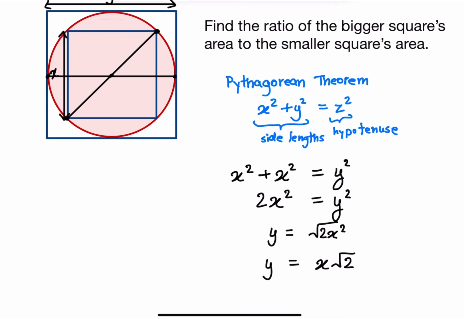Knowing this, we can state a couple of other things. Since y is equal to x root 2, we can find the area of the smaller square. All we have to do is square x, so we have x squared.